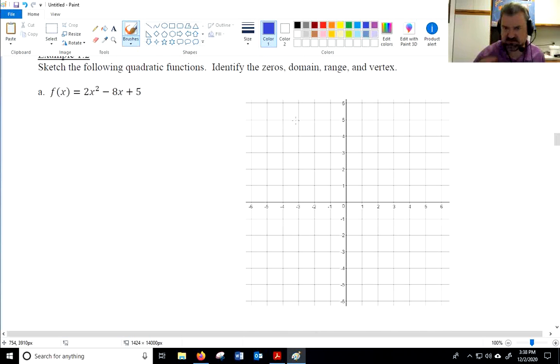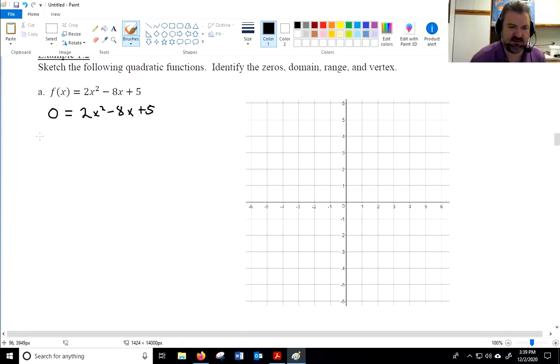We're going to identify the zeros, domain, range, and vertex. Let's get the zeros. To get the zeros, we're looking for when f of x equals 0. So we'll just solve this equation. All right. Let's see. Is that factorable? I'm not sure that is.